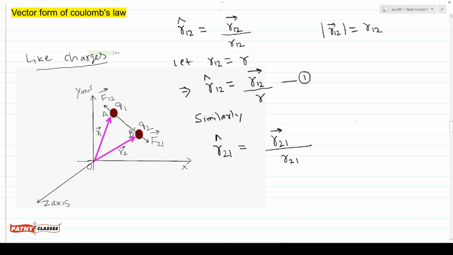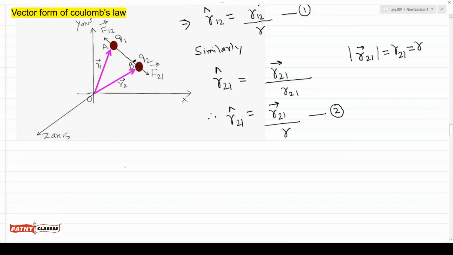The magnitude of vector R21 we can also call R. Therefore R21 cap equals vector R21 upon R. Let us call it equation number 2. Here we also notice that distance AB equals distance BA, and let us call it R.